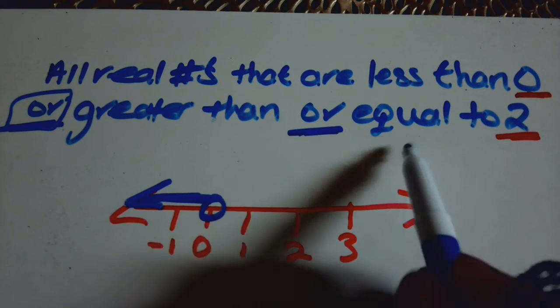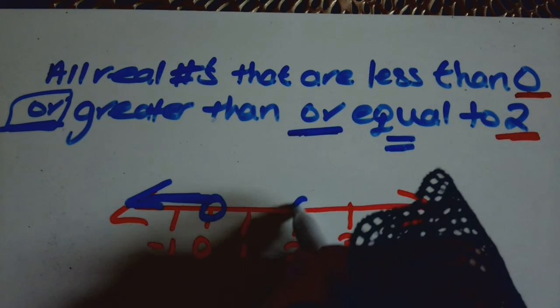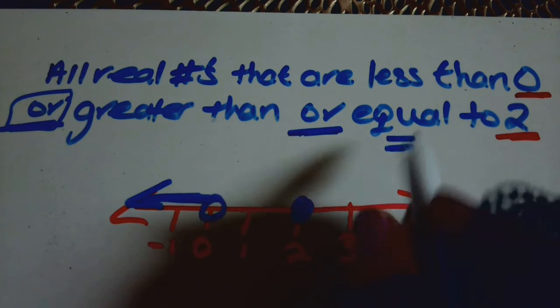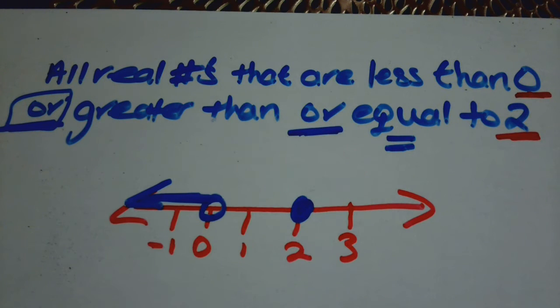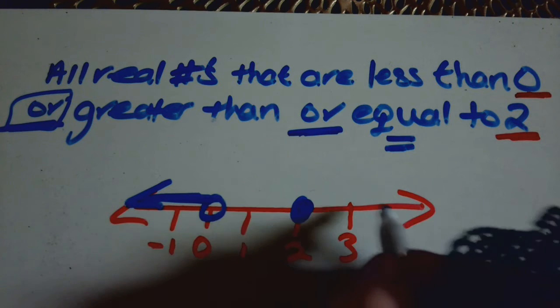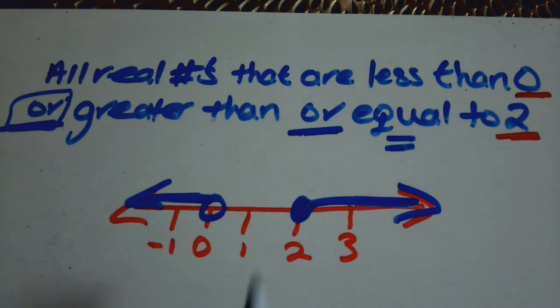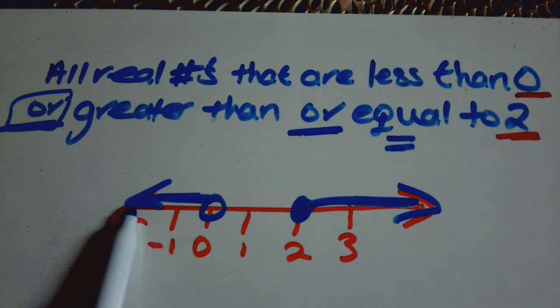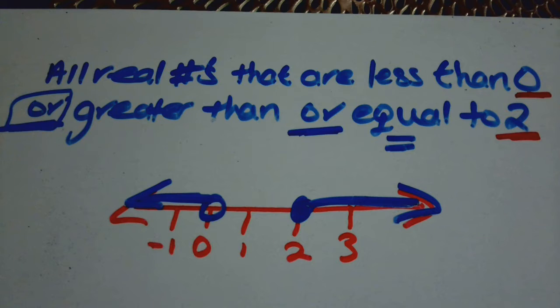This or means or equal to with the equal sign. So greater than or equal to 2. So this is where this equal to here means that it's a closed circle, and it's greater than or equal to 2. So it's heading up the number line. So the or, one side of the inequality or the other side. Alright, so that's the difference between the and or the ors.